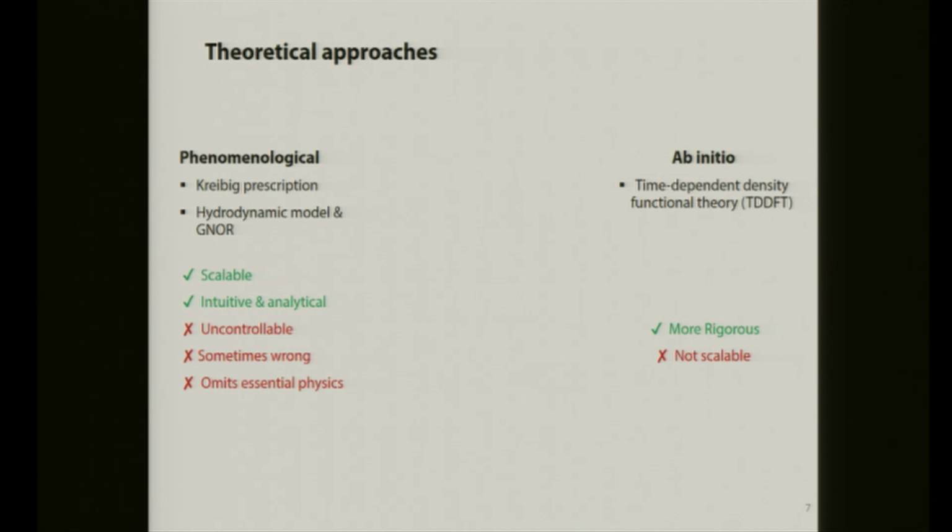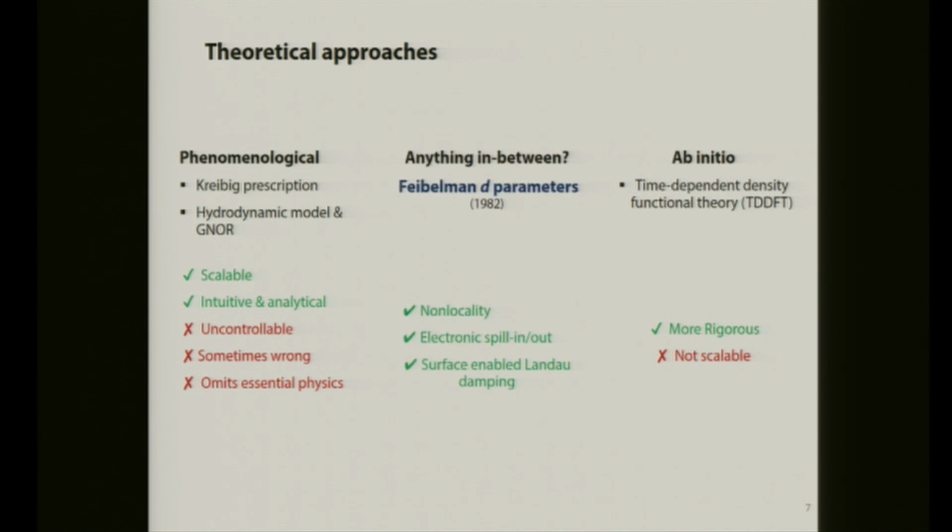These two approaches have complementary pros and cons in terms of scalability and rigor. I would like to argue today that the Feibelman d parameters serve as a nice solution that can tackle all the relevant non-classical corrections in electromagnetic problems for length scales larger than 1 nanometer.